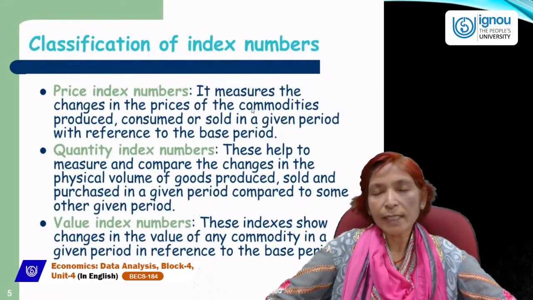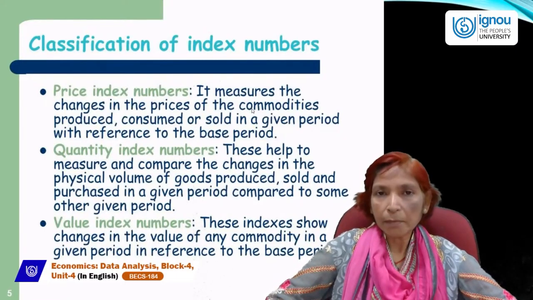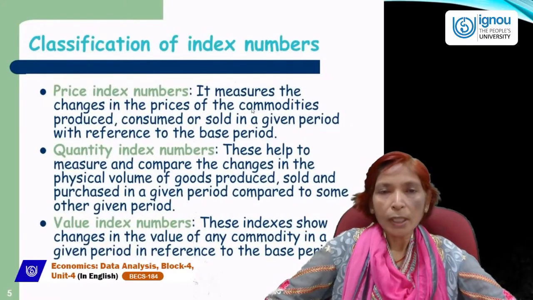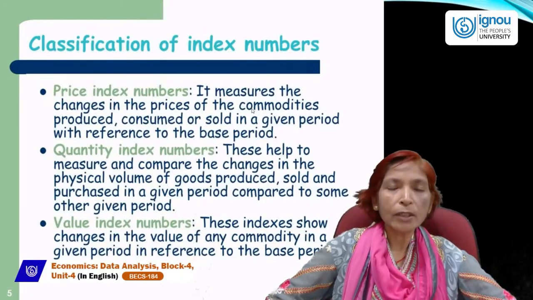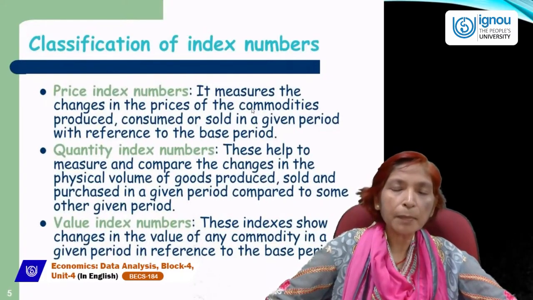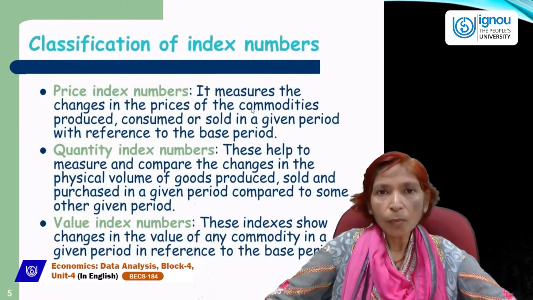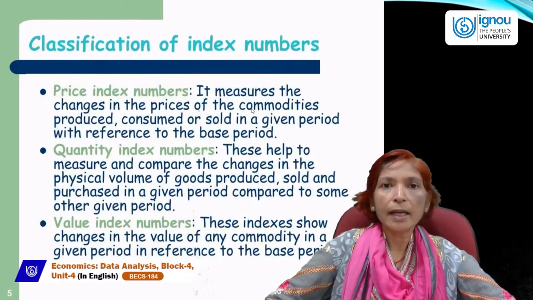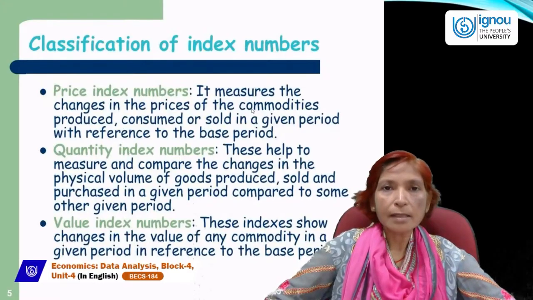It may be 2010, 2015, 2020 and 2022. If we are comparing the price of these two years, then the 2022 price will be the current year price and the 2020 price will be the base year price. We can compare how much the price has increased at present, and then we can use this index number. Next is quantity index number.